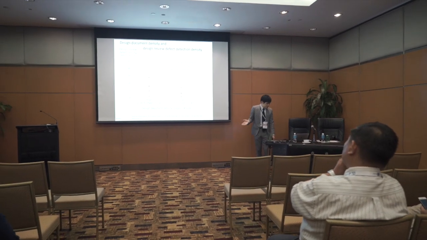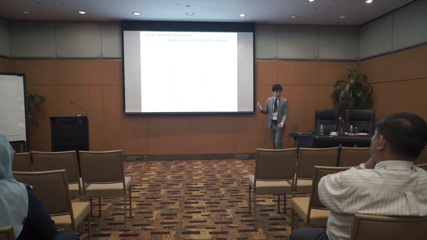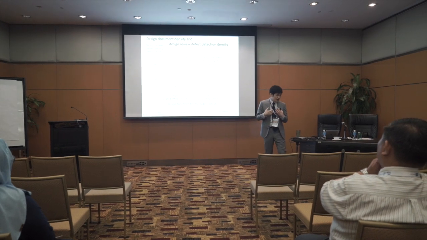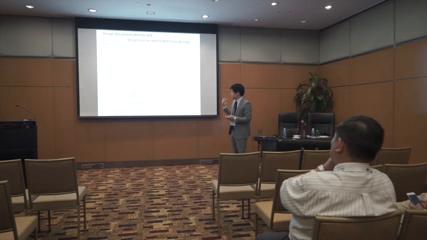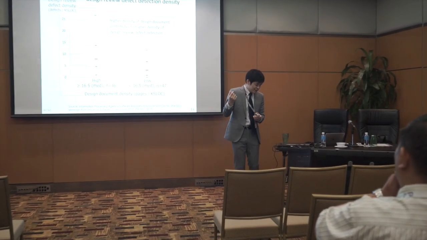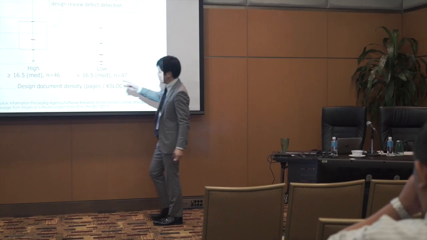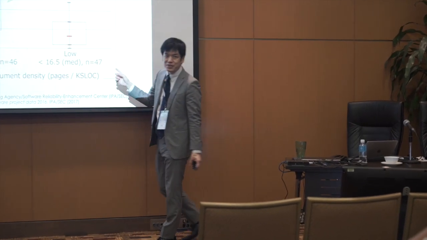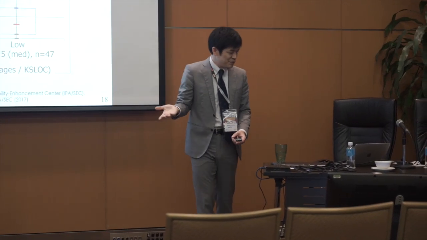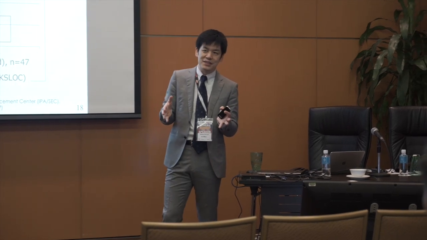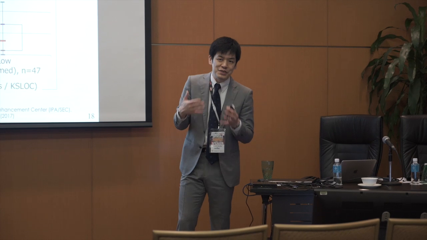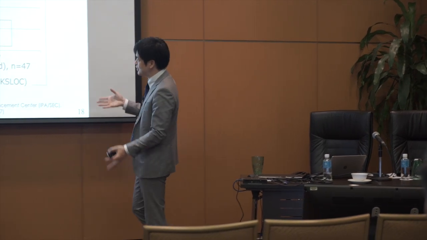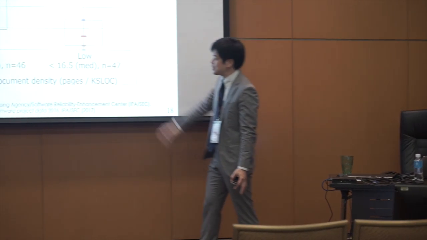This kind of relationship we can see from our empirical data. But again, the number of data is relatively small. I mentioned before, we have more than 4,000 project data, but most of them are invalid to make an analysis from this perspective.